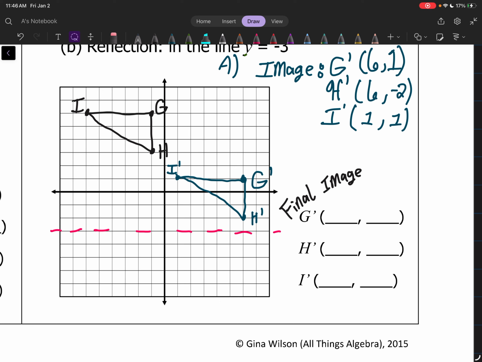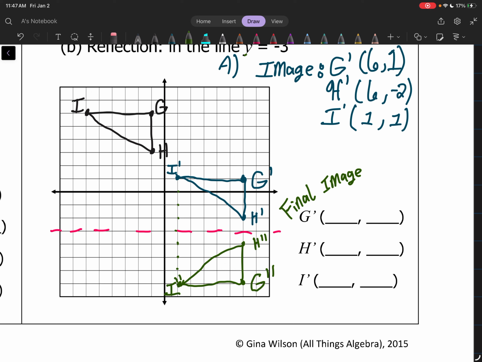And green is the best color, so we'll make the final image green. If you remember from yesterday, reflections, I'm going to count down to the line. So that was 4. I'm going to go 4 more. Here's my final image I. I'm going to put 2 apostrophes there. Do the same thing for G and H.